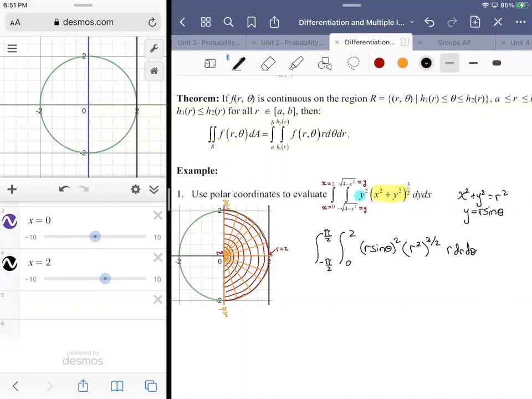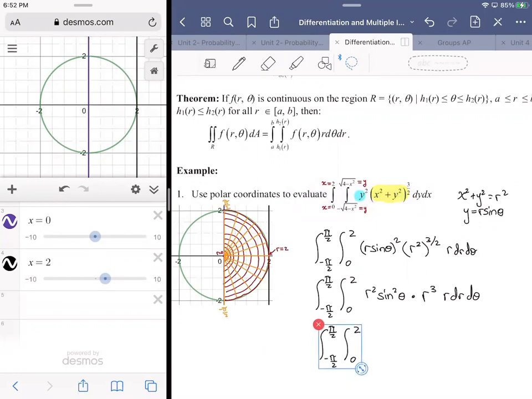All right, so I get my two integrals. We're looking at r squared sine squared theta times, well, multiply the exponents, r cubed, r dr d theta. So keep the base, add the exponents.